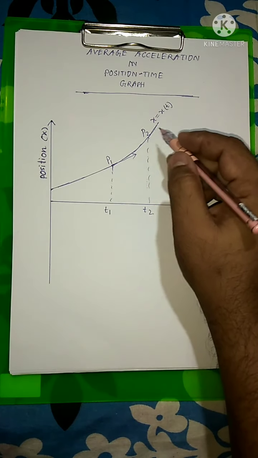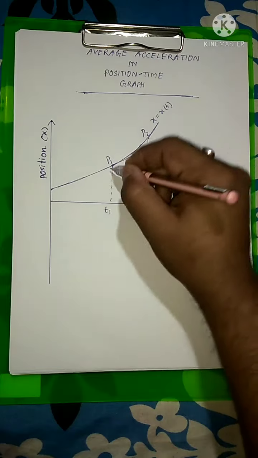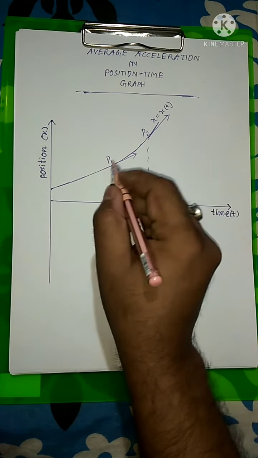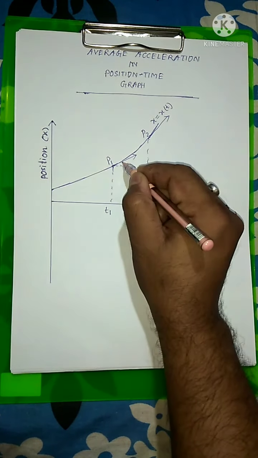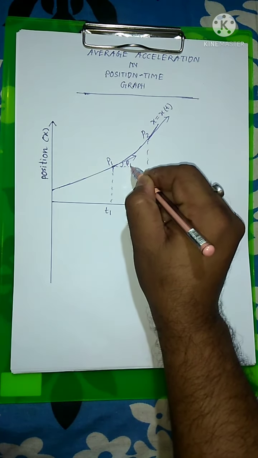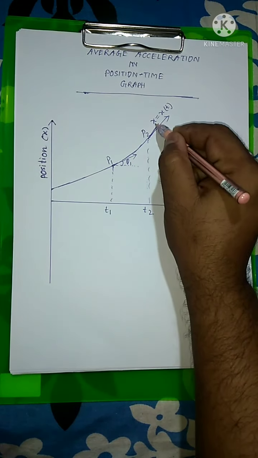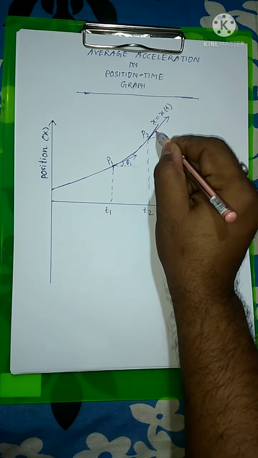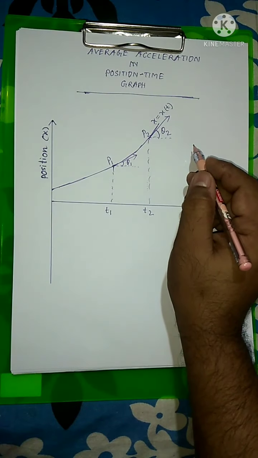Let's draw the tangent to the curve at point P1 and point P2. This tangent makes an angle theta 1 with the positive time axis, and this tangent makes an angle theta 2 with the positive time axis.